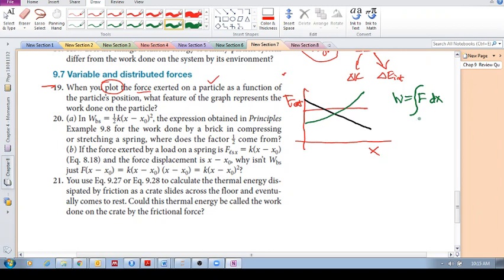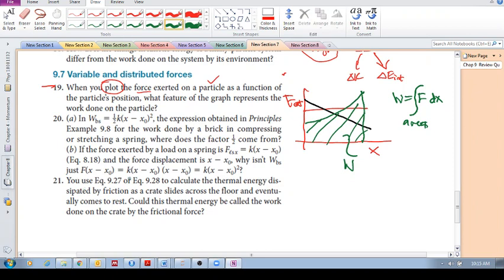And the integral is simply the area under the curve. So for this one, you would calculate the area under that curve, and that is your work done. For that red one, you would calculate the area. For the black one, area under the curve. So area under the curve represents the work done.